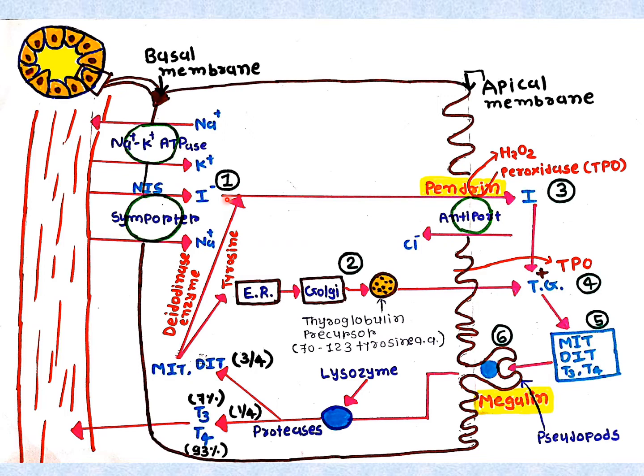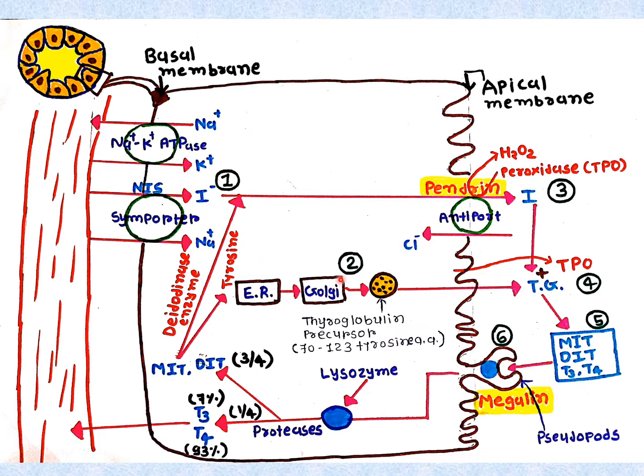So iodide concentration against the gradient is between 30 to 250 times. This is the first step in thyroid hormone synthesis. Now this iodide from the blood has entered the cell.